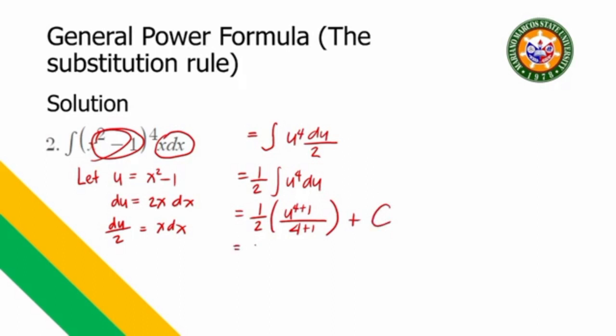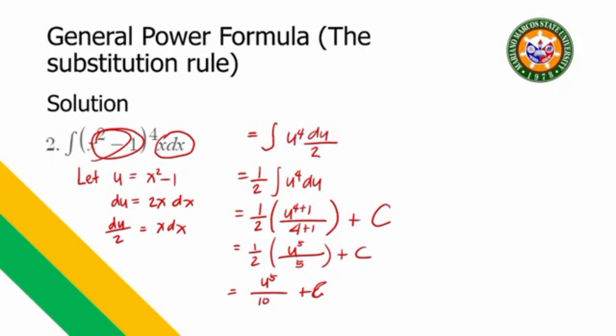So simplifying, we will have 1/2 of u raised to 4 plus 1, which is u raised to 5, all over 4 plus 1 is 5, plus c. Simplifying this, we will have u raised to 5 over 2 times 5, which is 10, plus c. Again, our problem was a function of x.